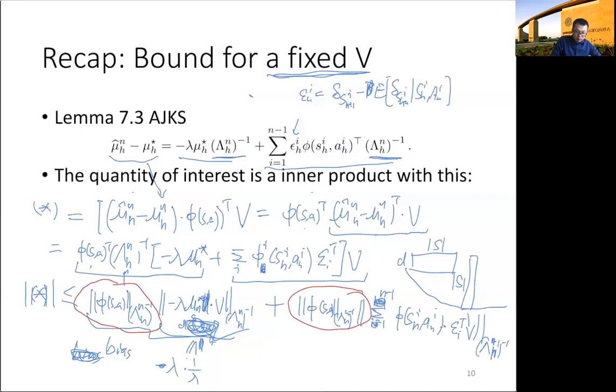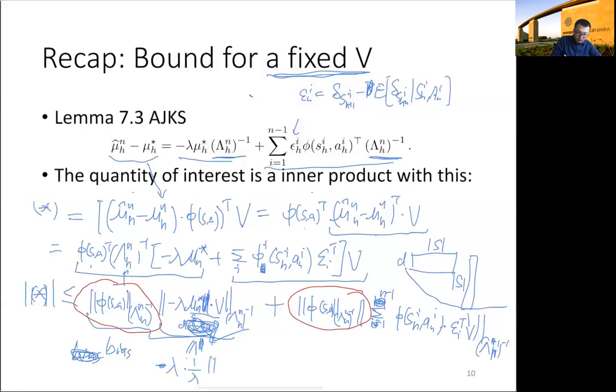what we need to deal with is only the size of this vector. Each coordinate of this vector is smaller than h, because this v has L infinity norm of h, and by multiplying this v with every row of this mu n transpose, we get a factor of h.